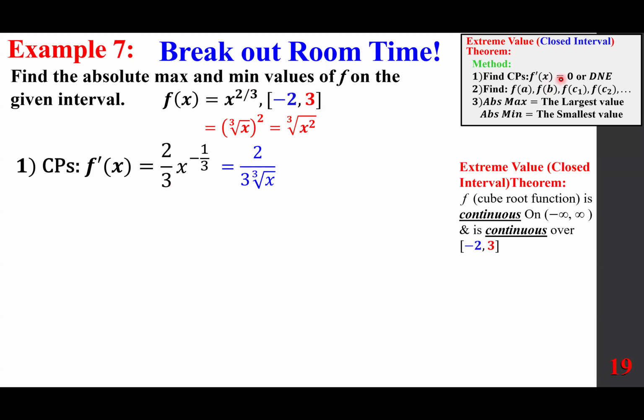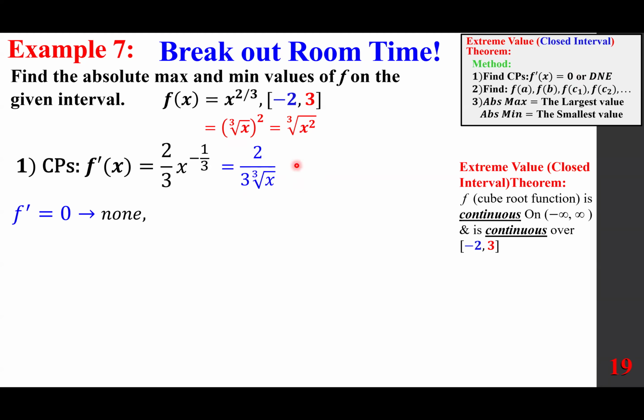F prime equals 0. A fraction is 0 when the numerator is 0. When the numerator is a number, it doesn't matter what type of number, small, large, negative, positive, it can't be 0, so there is no solution. F prime does not exist.